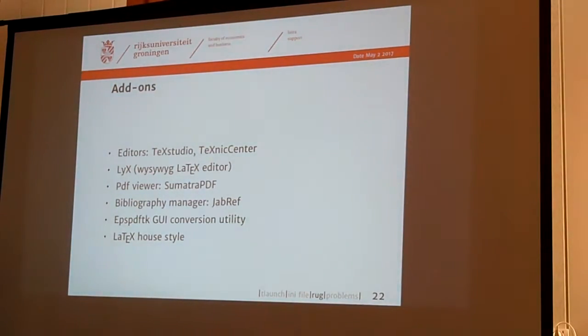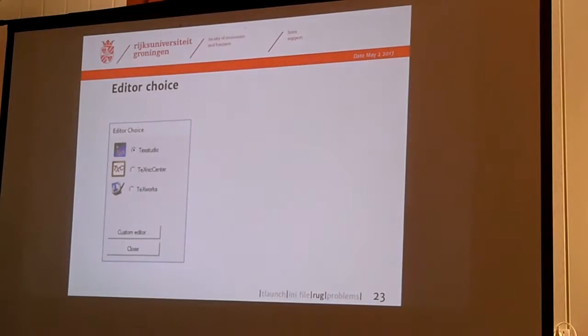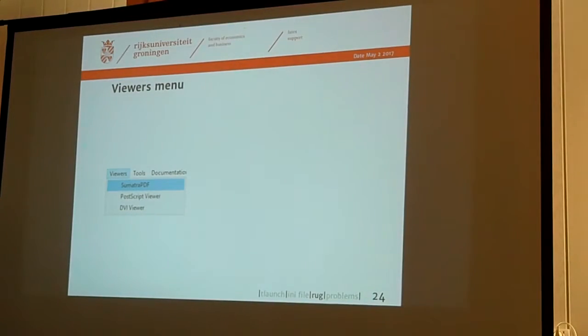So this is what the editor choice looks like with our installation. If you define the custom editor, that will be the fourth entry and come here. The viewers menu has the extra item for Sumatra PDF.